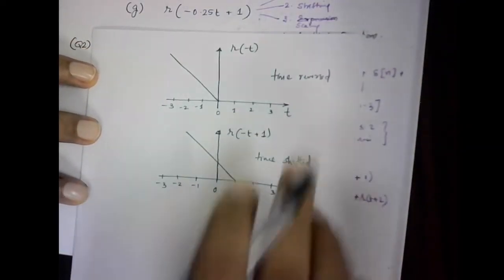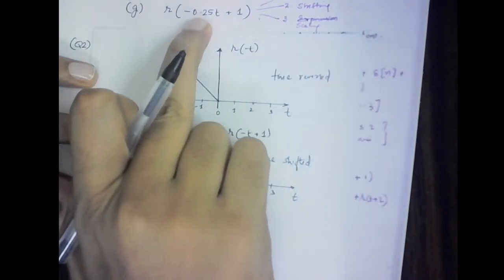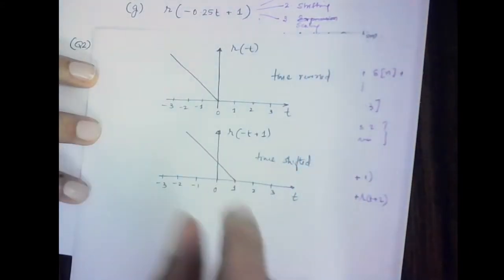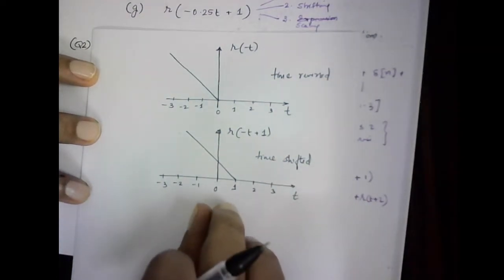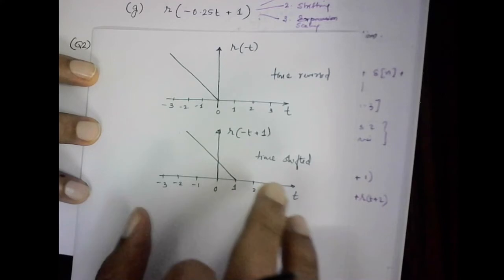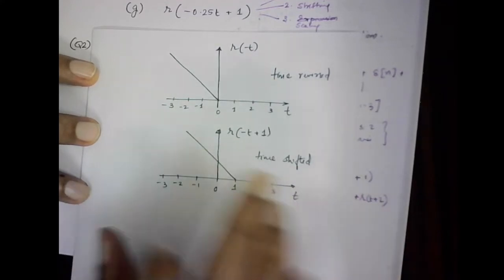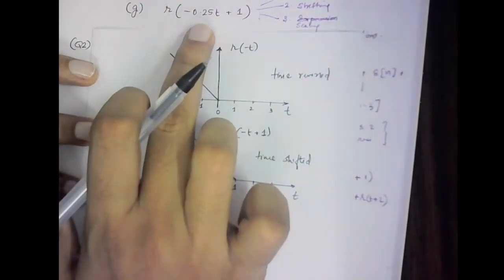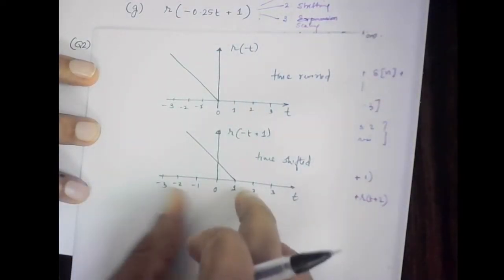Now what is the operation that is remaining? You need the time scaling operation. Here 0.25 is the time scaling factor, and hence whatever signal you have, you need to expand it by a factor of 4. So 1 by 4 is the time scaling factor, and you need to expand this signal in a time scale of 4.